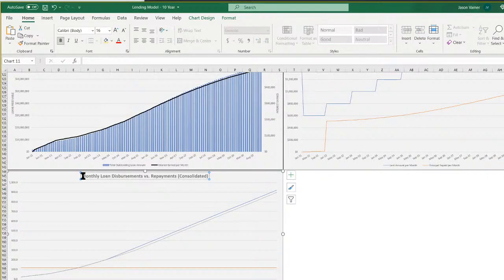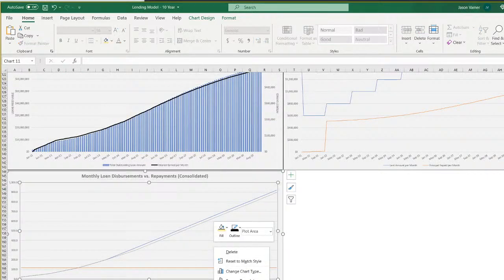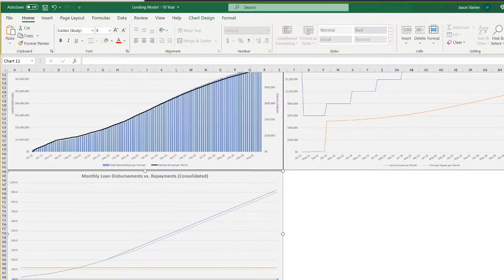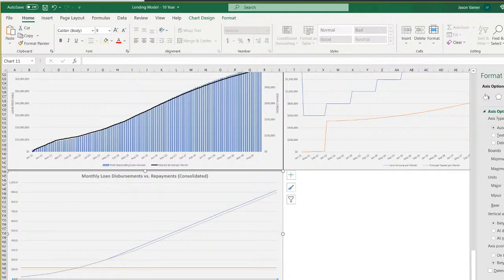So we need to put this on an annual basis. So these are years.